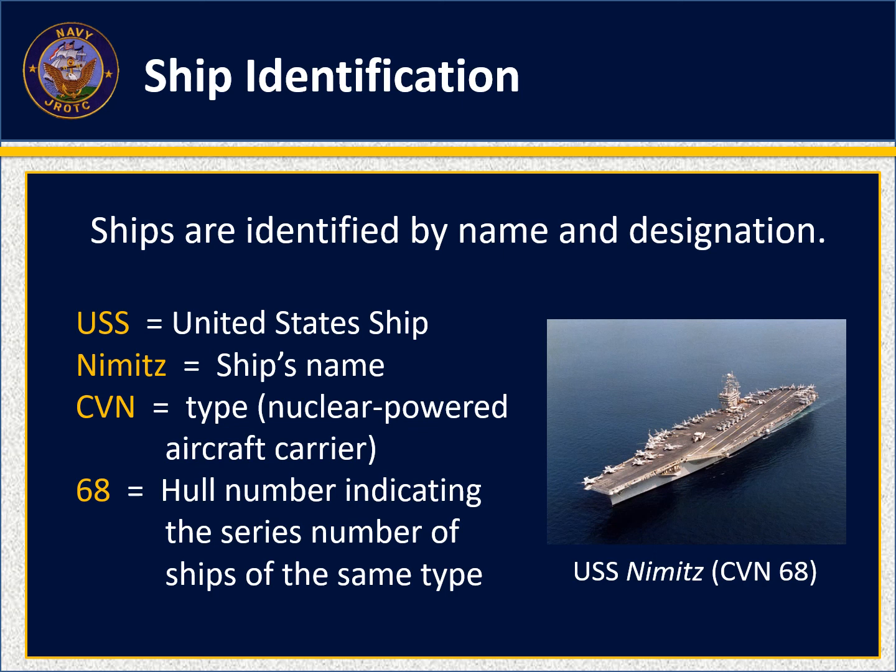Nuclear power means what type of propulsion plant it has. In other words, it doesn't tell me it's carrying nuclear weapons, which it very well could be. It's telling me the ship propulsion plant, what makes it go through the water, is powered by nuclear power. 68, that's the hull number. Each ship has its own hull number and designation, and it just so happens the USS Nimitz is number 68.